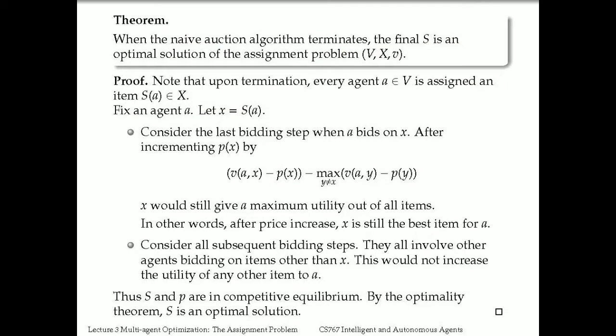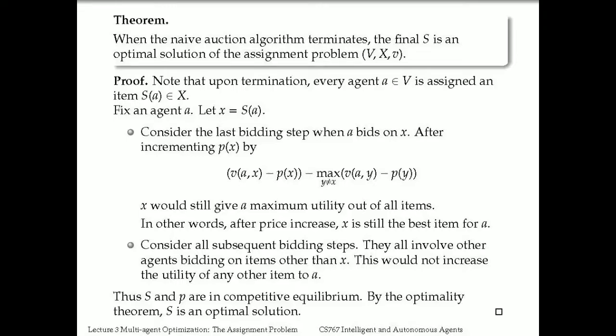It is quite straightforward to prove that when this algorithm terminates, the final solution we get, the allocation from agents to items, is an optimal solution. We just need to show that it is a competitive equilibrium, and because a competitive equilibrium is necessarily optimal, the final solution is optimal. How do we do that?